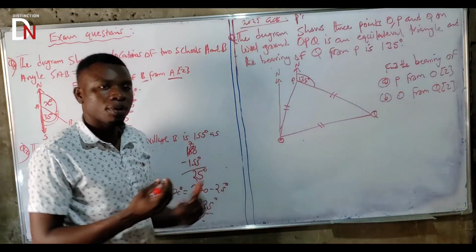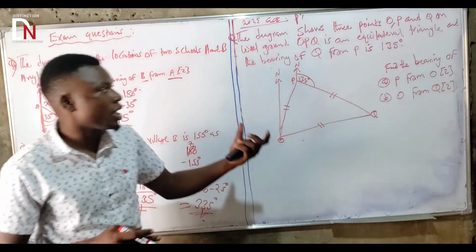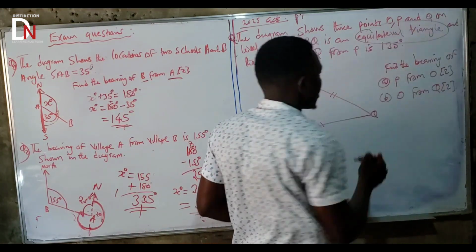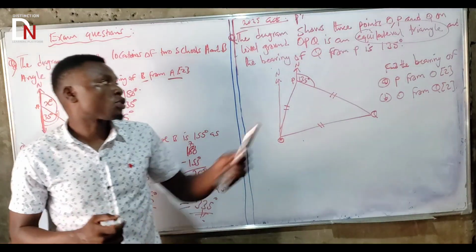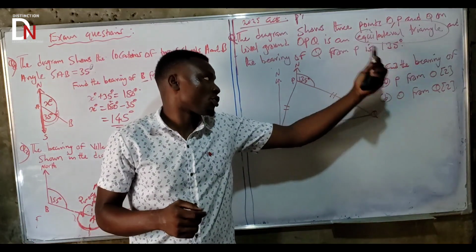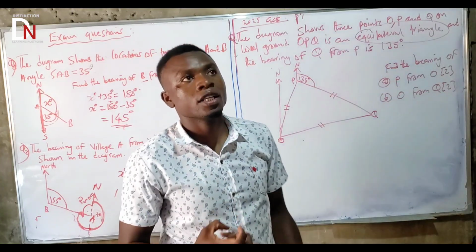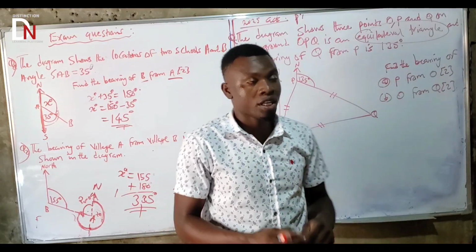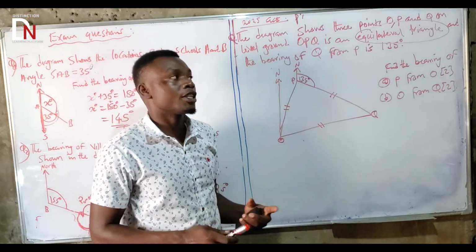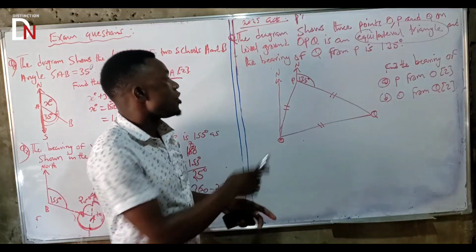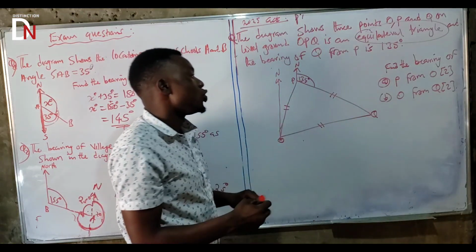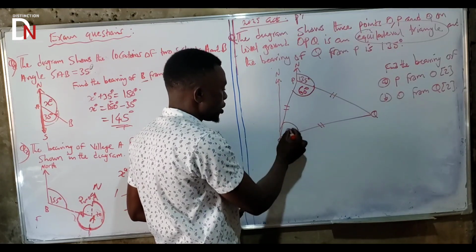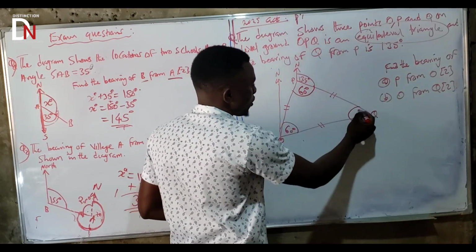Before we can answer this question, first we're supposed to understand the question. According to the question, we have an equilateral triangle. One should understand what they mean by an equilateral triangle. An equilateral triangle is a triangle in which all the lengths are the same, and the interior angles each measure 60 degrees.